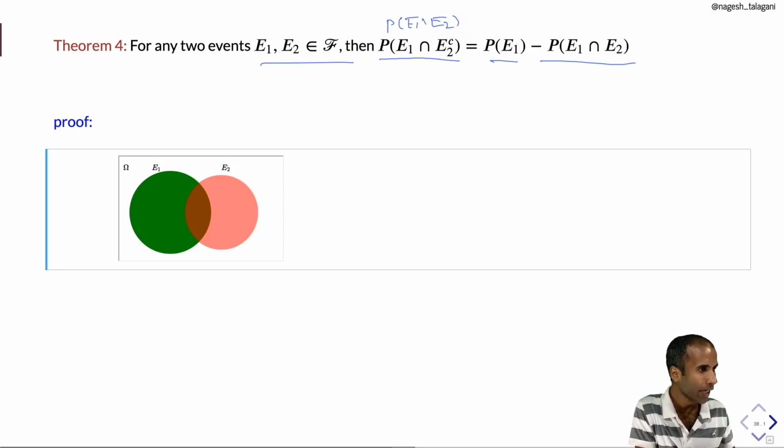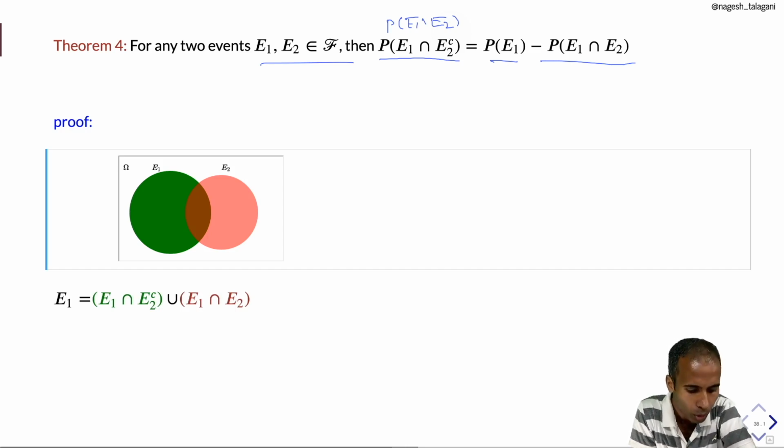So I can write this E1 equal to the green portion, which is E1 intersection E2 complement, union the brown portion, which is E1 intersection E2. And I can also see that these two events, E1 intersection E2 complement and E1 intersection E2, are mutually exclusive because I can see from the Venn diagram they don't overlap, they don't have anything common.